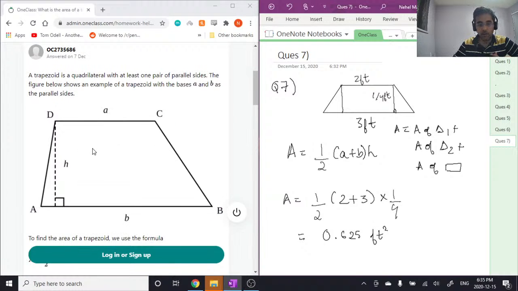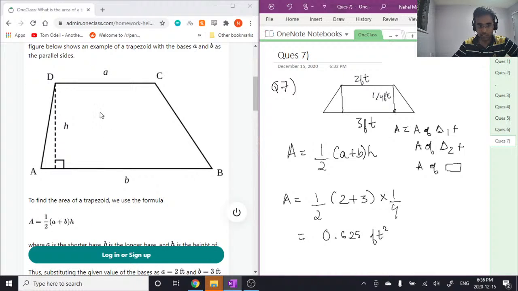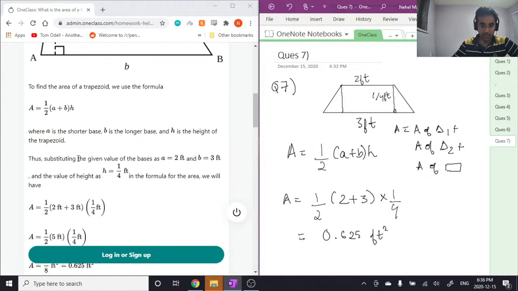In this case, they have drawn an asymmetric trapezoid, so essentially both of these angles are different, which is fine. The formula for the area does not change, and again, if you were to calculate the area of this trapezoid using the methodology I mentioned, which is the sum of the areas of two triangles plus the area of the rectangle, you would get the same answer.